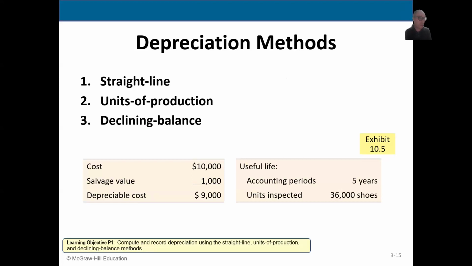So that one's a little bit more complex. And then the third one is called declining balance, also known as double declining balance. Basically that's just a doubling of the straight line method. So I'll show you what all these three look like in action.